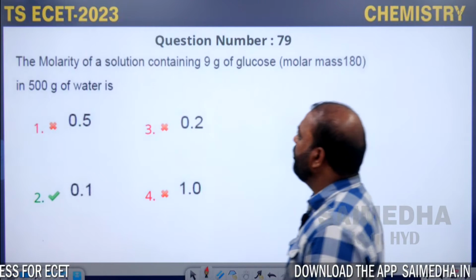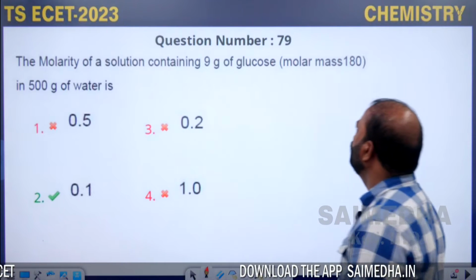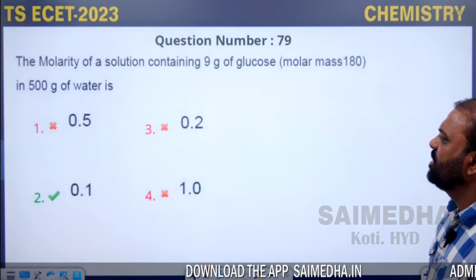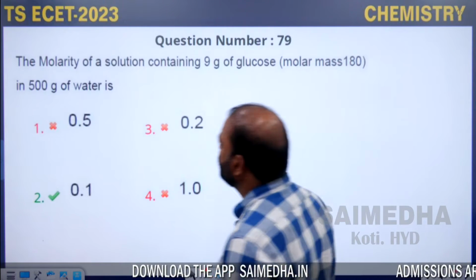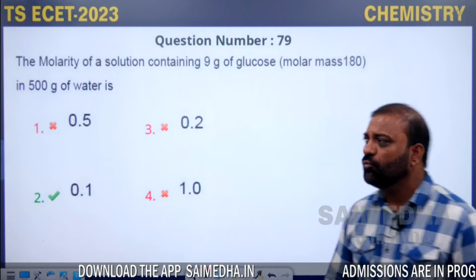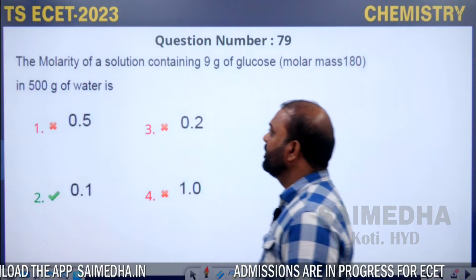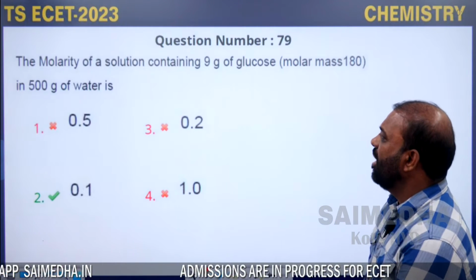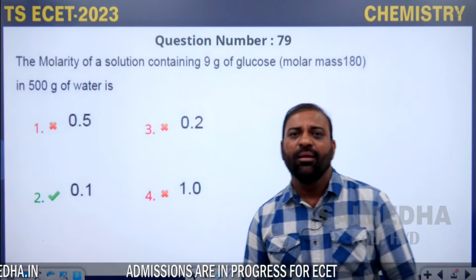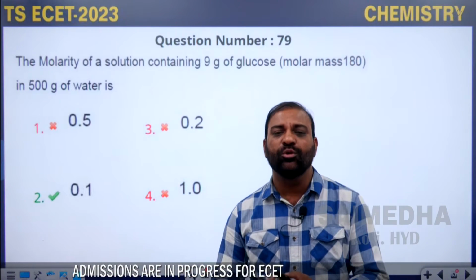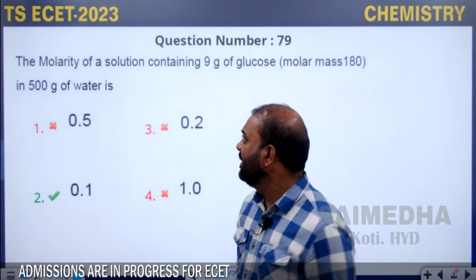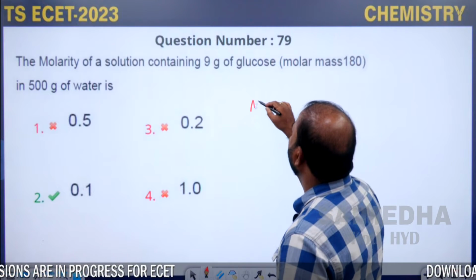The molarity of a solution containing 9 grams of glucose in 500 grams of water is, actually in this question he needs to ask about molality, because he has mentioned the solvent in terms of weight in grams. So he should ask molality, but numerically it is almost the same, so I am going to find molality.